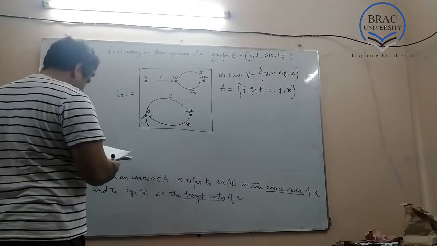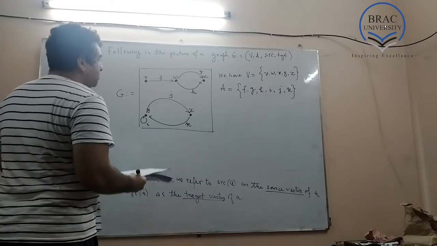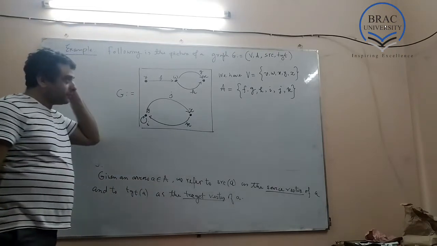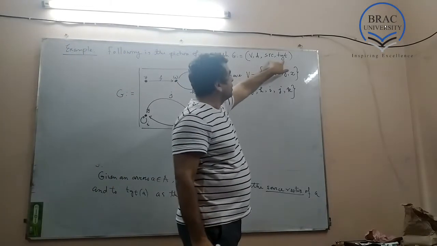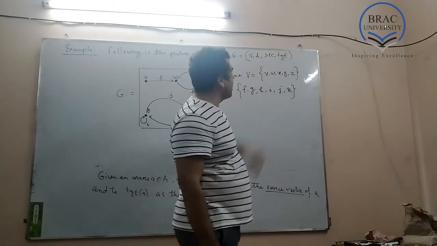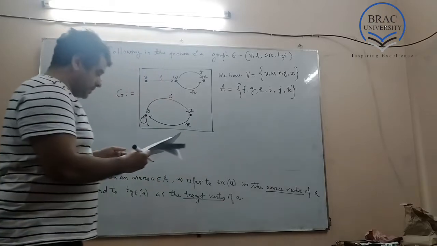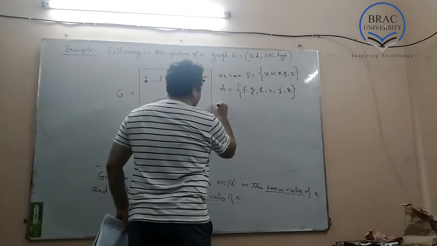Now we need to mention the other two functions as well. There are two functions attached to the definition of a graph, the source and target functions.